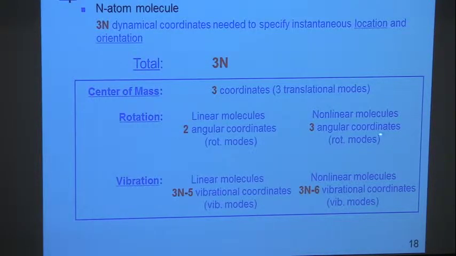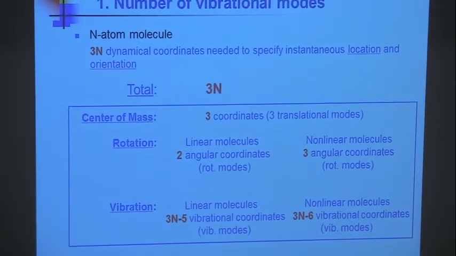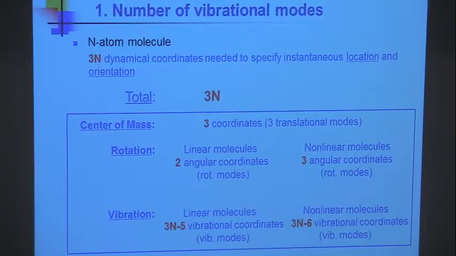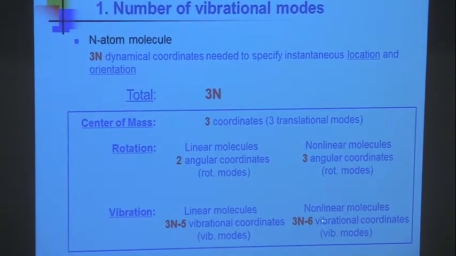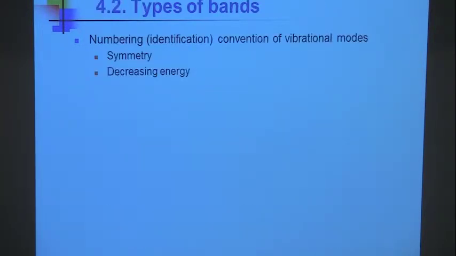If, on the other hand, it's not a stick, it takes 3 angular coordinates to specify the rotation. Now we subtract those numbers from 3N, and we say, therefore, there are 3N minus 5 vibrational coordinates. You might think of them as lengths. Vibrational coordinates in that molecule that we have to think about. Or 3N minus 6 in the case of the nonlinear molecule. So that's how many vibrational modes we have to worry about. And so as N goes up, this number goes up fast.